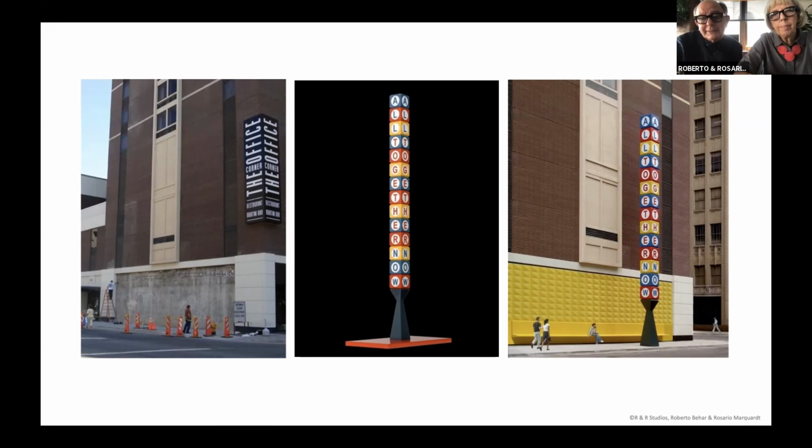And what we did in this case is slightly different, because in the first instance, M, we created what we call an instant landmark. But here, we did something that we are most interested in, which is combining the landmark itself with a place of encounters.